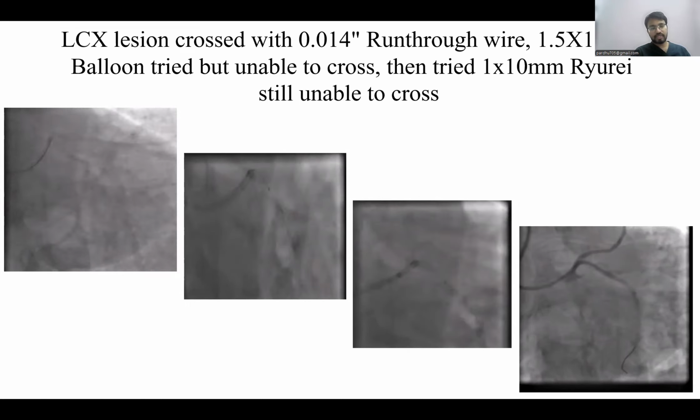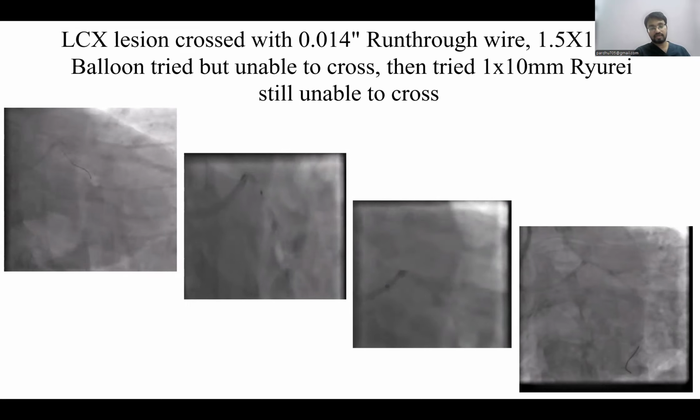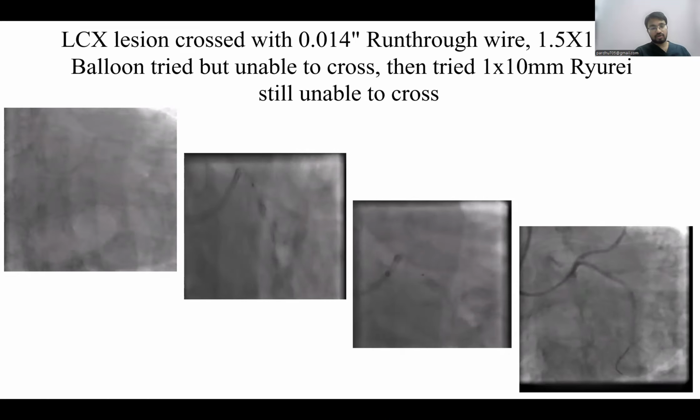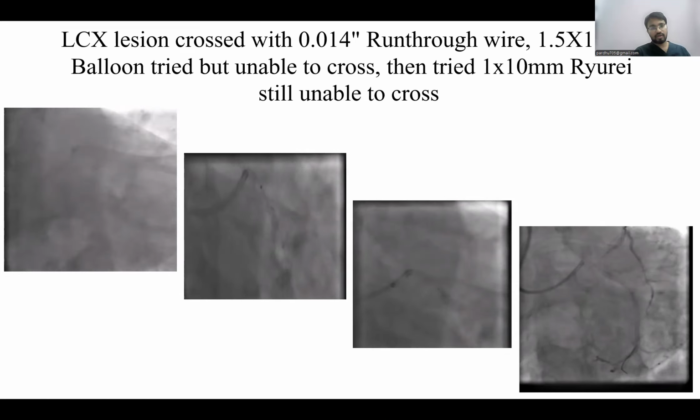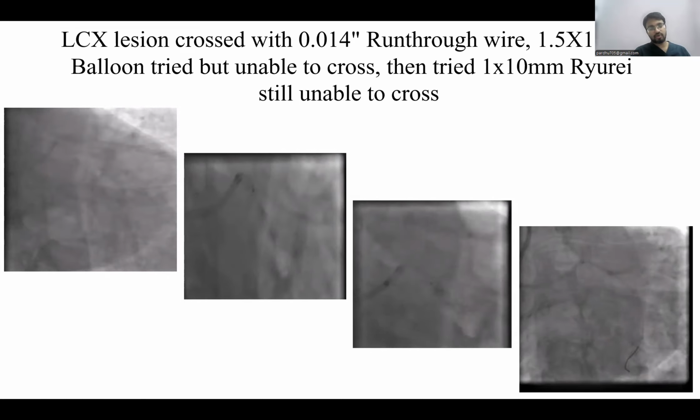Luckily, the patient did not develop any in-stent stenosis in that area of the stent. So we tried a still smaller balloon, that is 0.9 and 0.75 also. Still, the balloon did not cross. So now we are left with only one option, that is to ablate the stent with the rota.